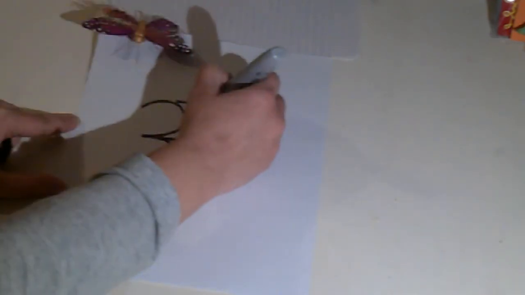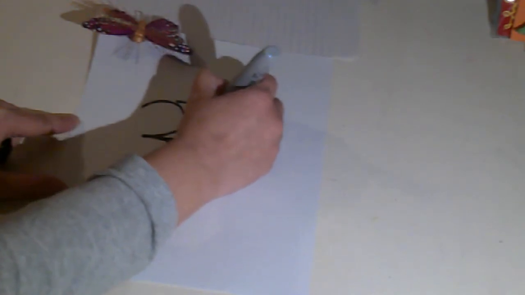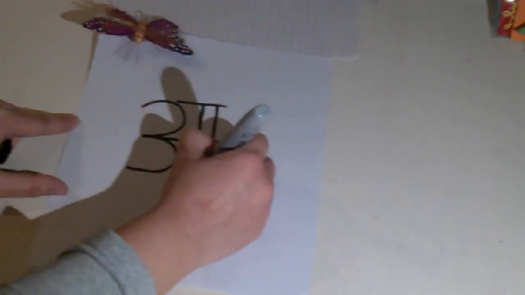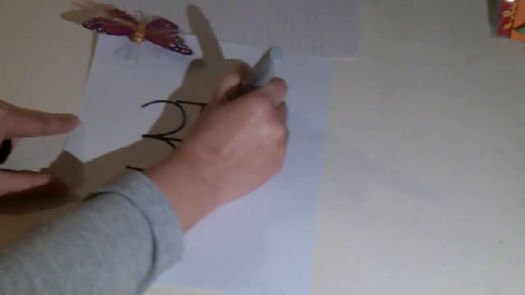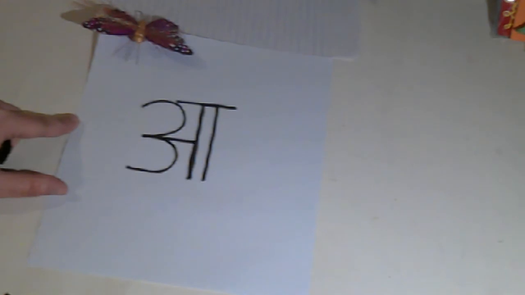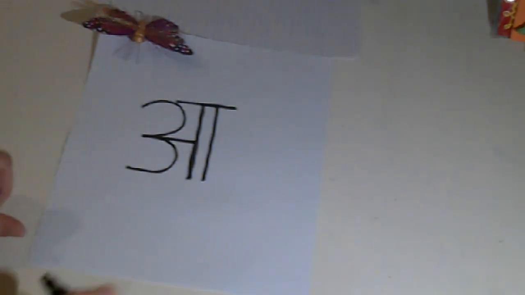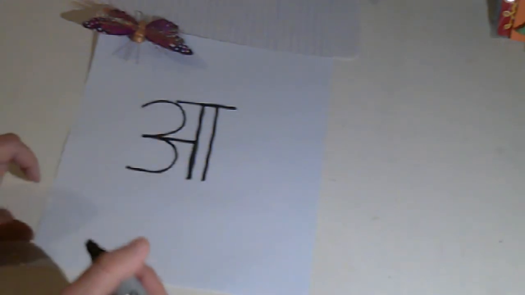So once you're done with that, make sure you draw the line on the top, but before that, there is another line that makes it A, and if you need to extend the top line, you need to do that. So this is A. The previous one was A, this is A.